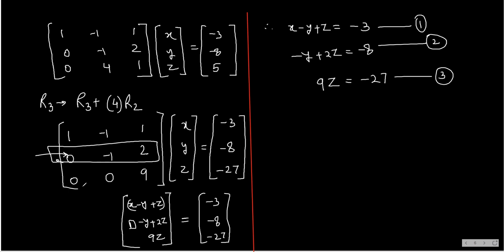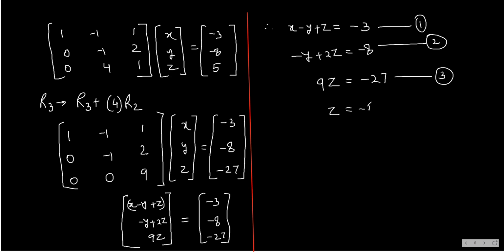I'm getting y and z. In the third row, I got 2 zeros, because of which I'm not getting x and y. Only z is there. So what are we doing? By getting zeros, we are reducing the unknowns. And since we are reducing, that's why the name of the method is reduction method.